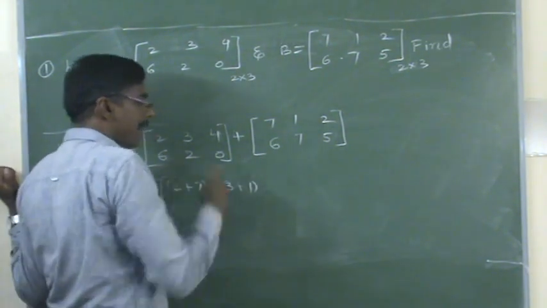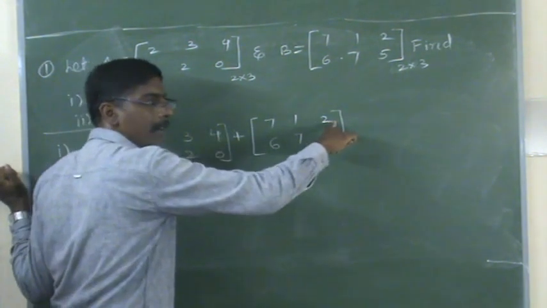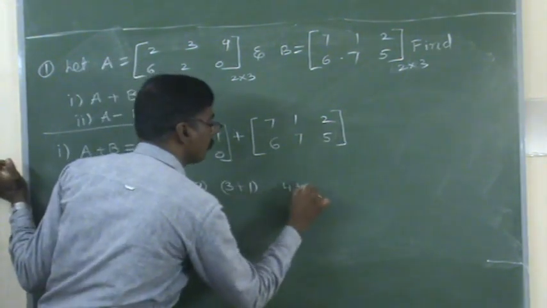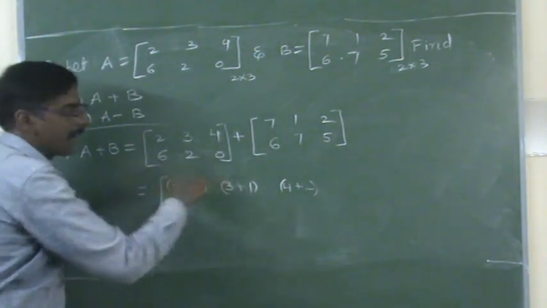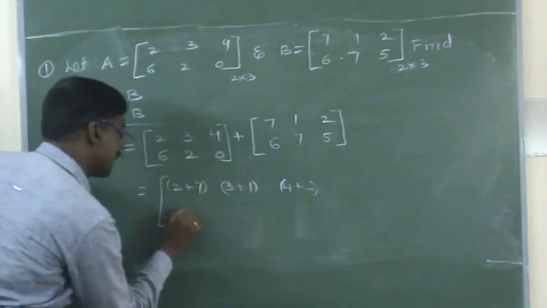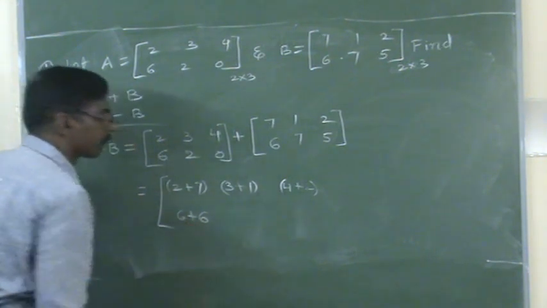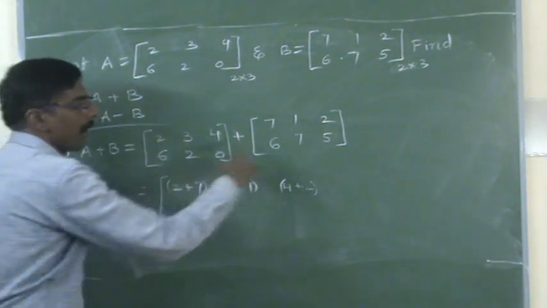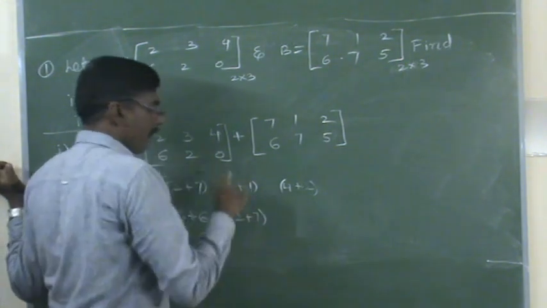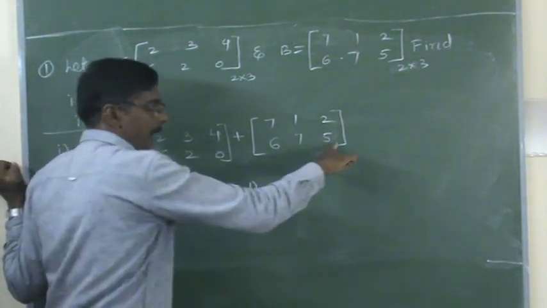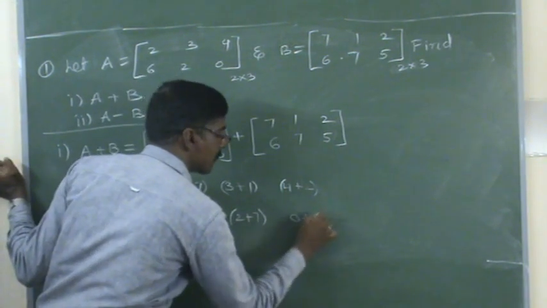Next, the corresponding element of 4 is 2, so 4 plus 2. Next, the corresponding element of 6 is 6, so 6 plus 6. The corresponding element of 2 is 7, so 2 plus 7. The corresponding element of 0 is 5, so 0 plus 5.